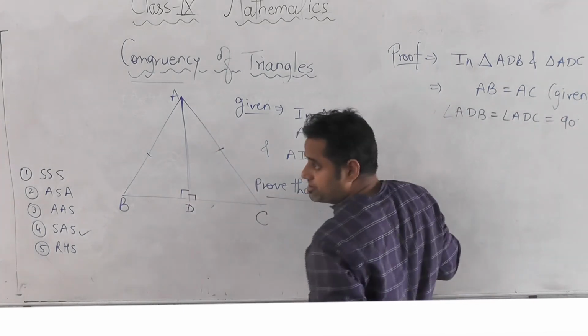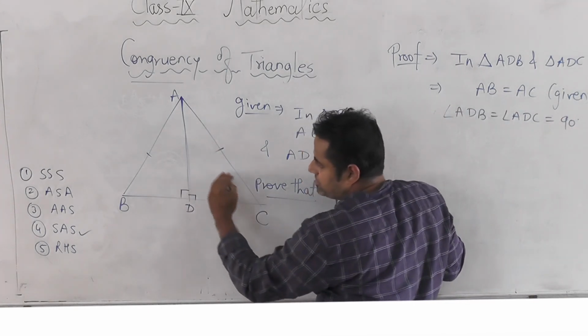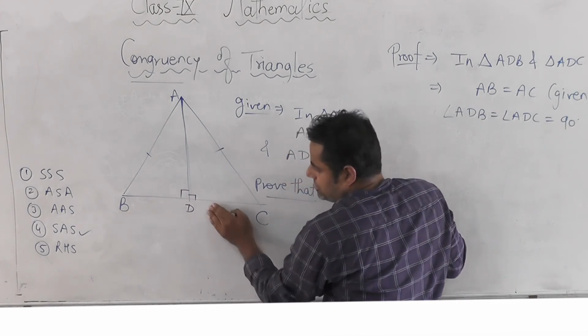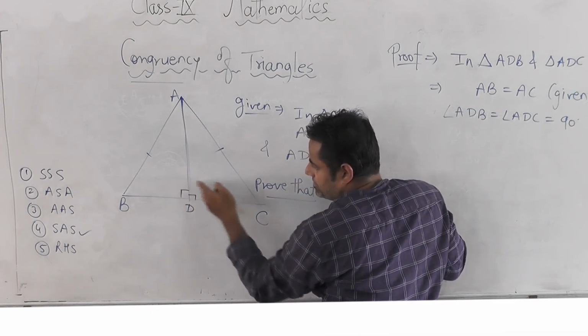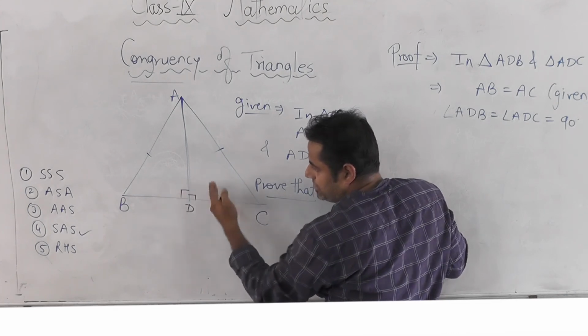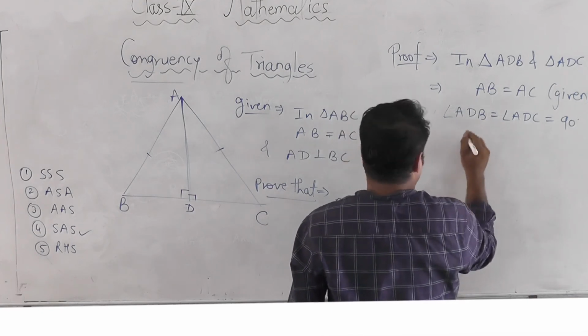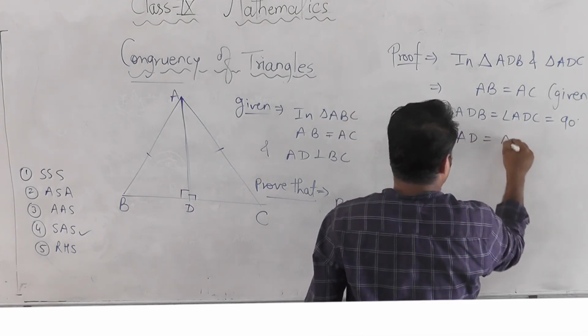Perpendicular from this side and also from that side, because the line is a straight line. So this will be the straight angle 180, which is divided into two equal parts, 90 each. Again, AD is common in both, as you can see.